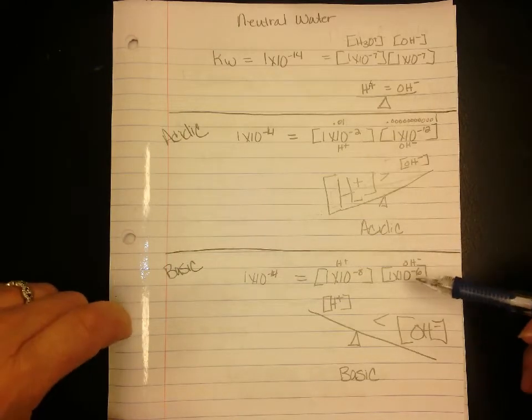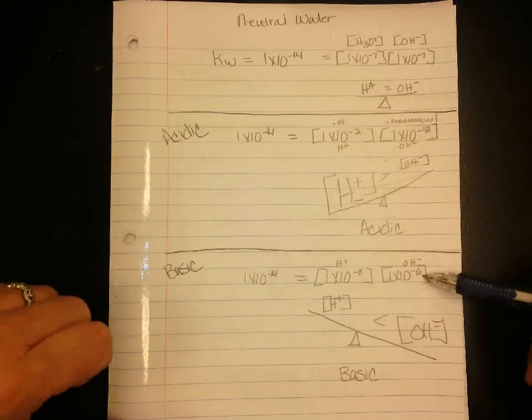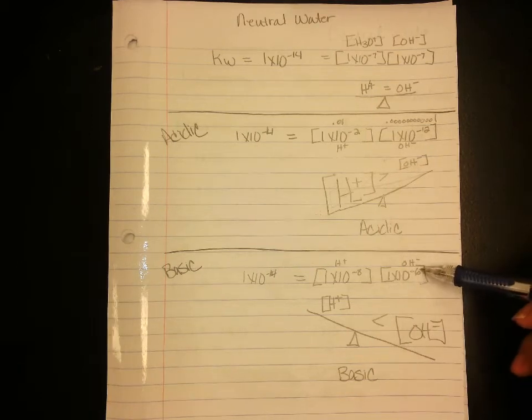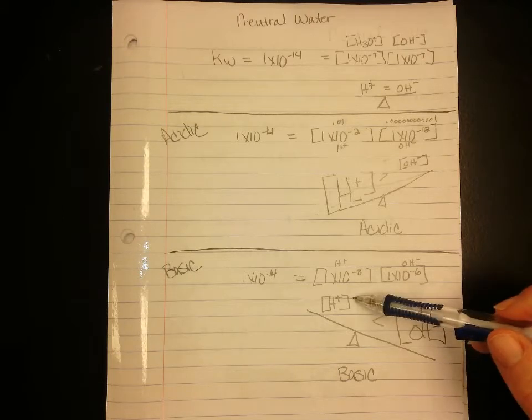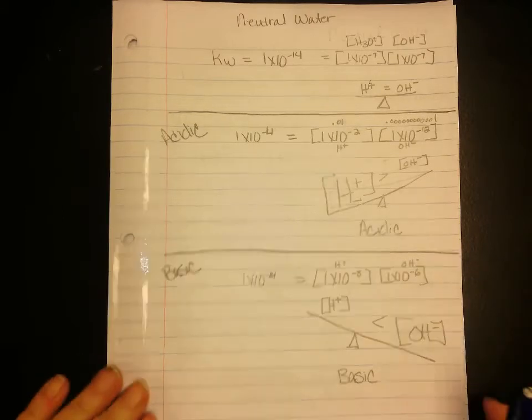In a basic solution, my OHs are bigger. So when we do negative exponents, remember the lower the negative exponent, the bigger the number. So if I have more hydroxides than hydronium ions, my solution will be basic.